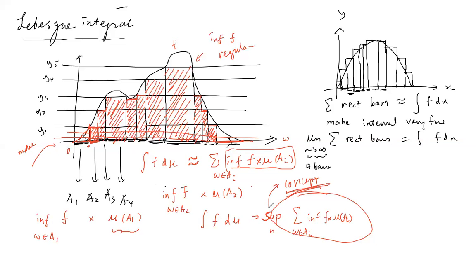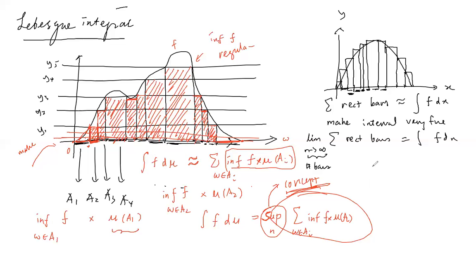Operationally, it is actually very difficult to do this. So the sup here is actually a concept. It's just saying that if I make sufficiently many cuts, then I should be able to find the supremum.